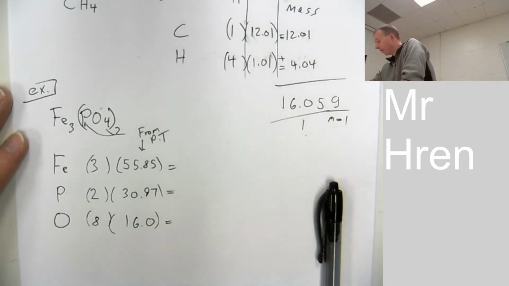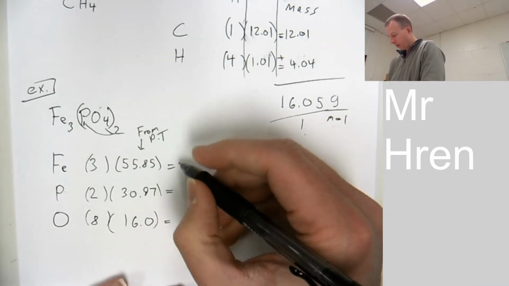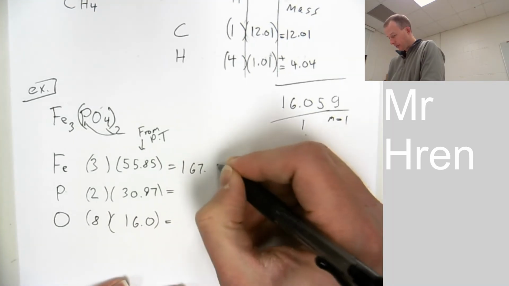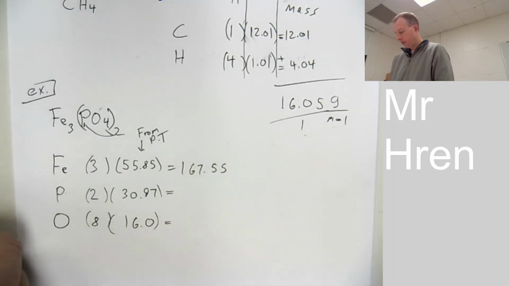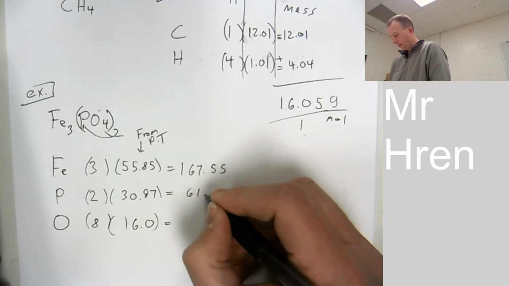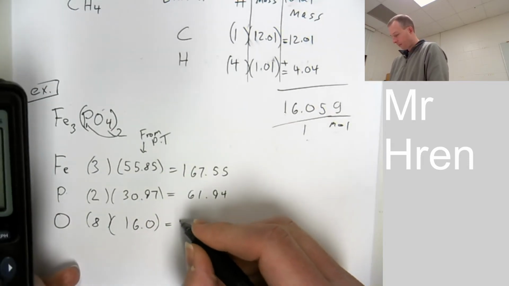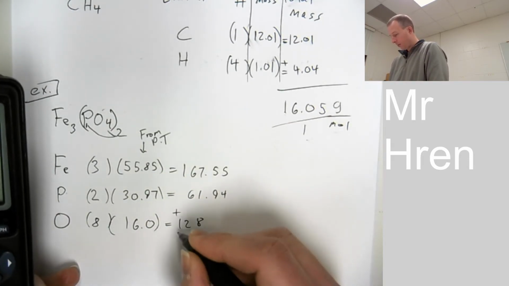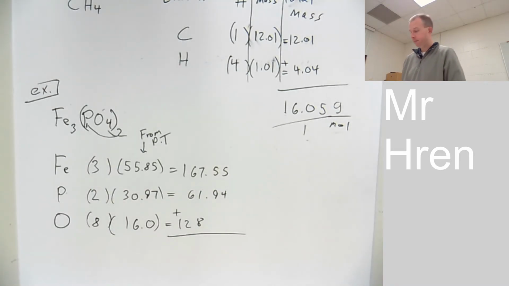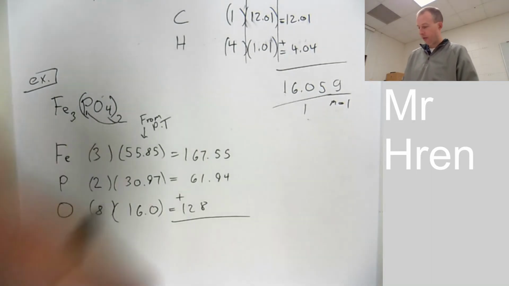You'll add it up, and then you'll be done. So I'm going to multiply. So 167. So then once you get that, you're going to add them all up. That'll give you your molar mass of iron phosphate.